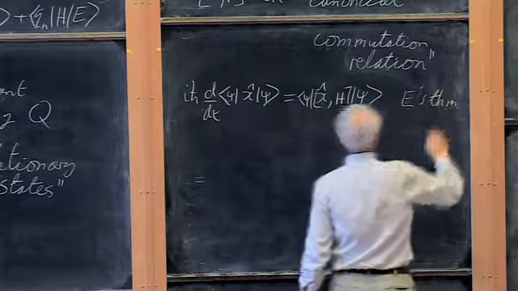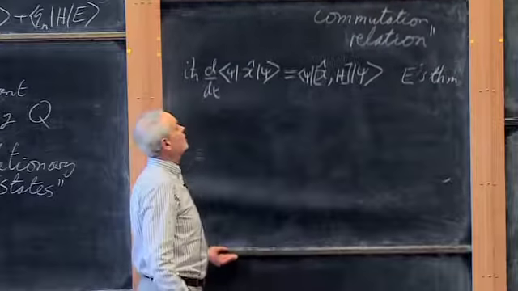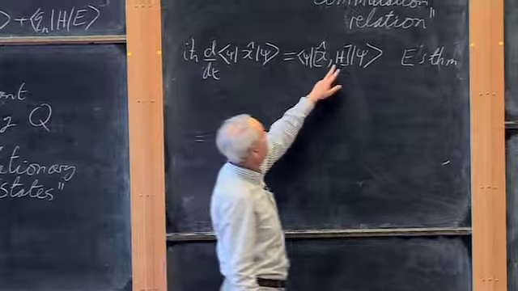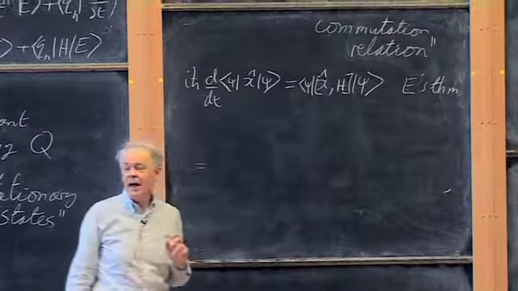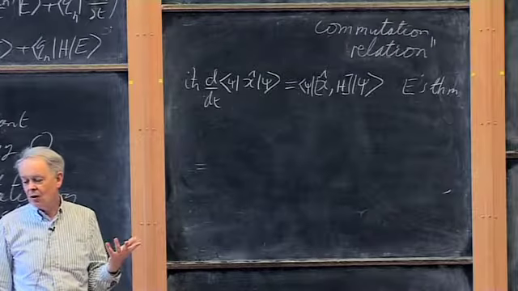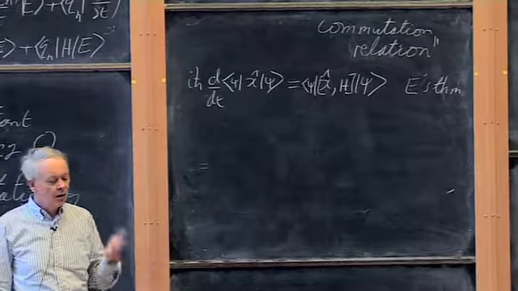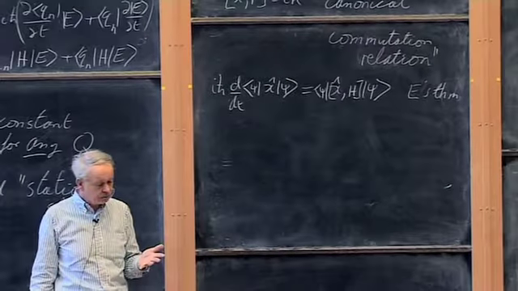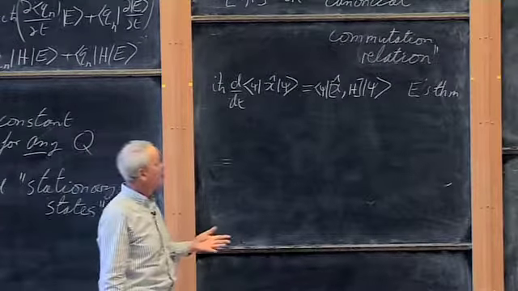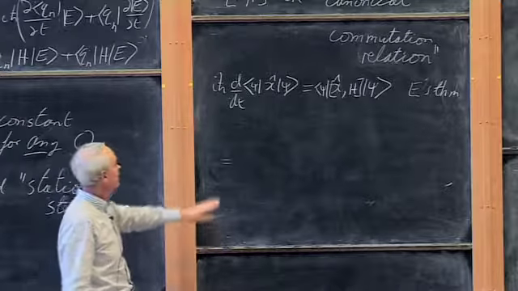A concrete example of its application. In order to go further, we need to say, so what's H? H is the energy operator. What do we know about the energy of a particle that's moving, possibly with some potential present?